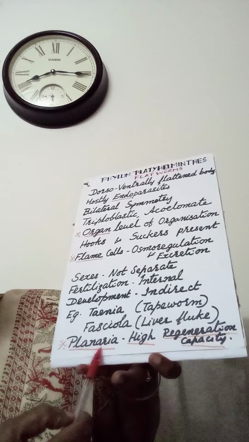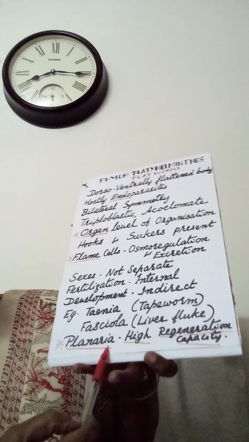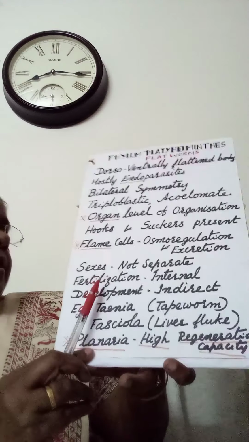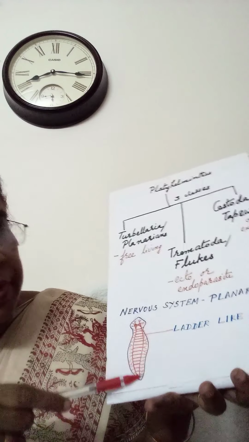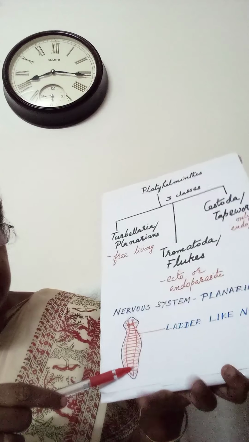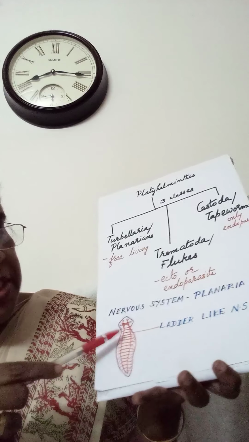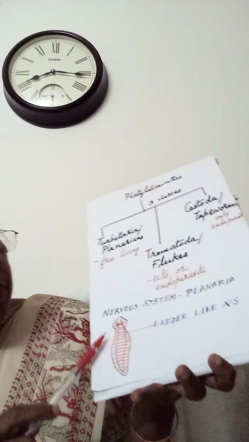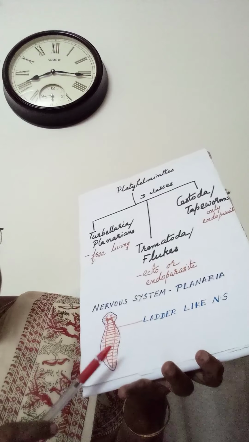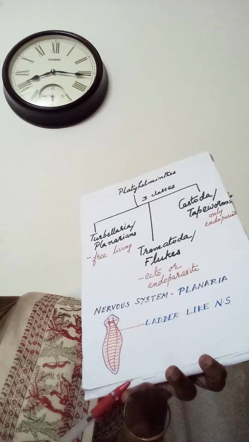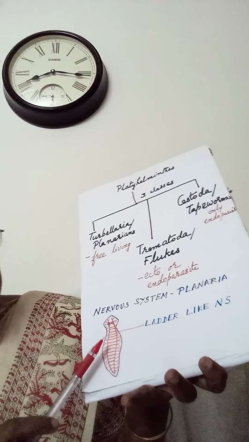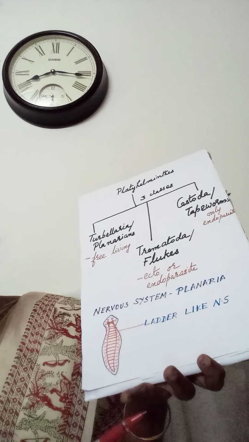Next, one more example. This is very important. That is planaria. Planaria will be having high regeneration capacity. This is the planaria. That means if we cut the animal into 2 or 3 parts, each part will be forming or regenerating or replacing the damaged part.